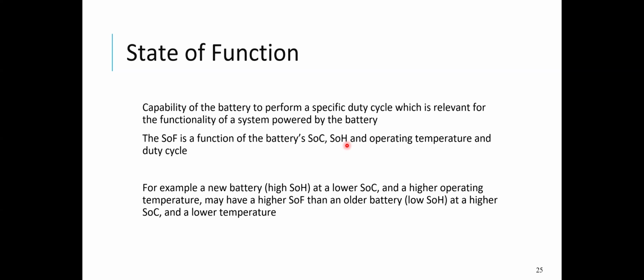The vehicle will tell you the state of charge of your battery, but you as the driver don't really care about the state of charge. You care about how many miles can I drive this thing before the battery is no longer able to move the car. So the state of function in the case of an electric vehicle would be the range of the vehicle.